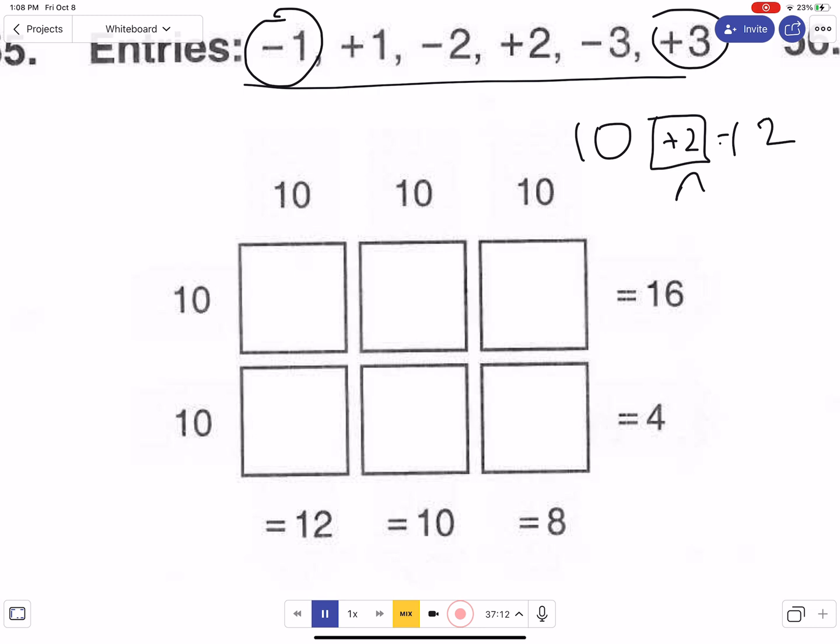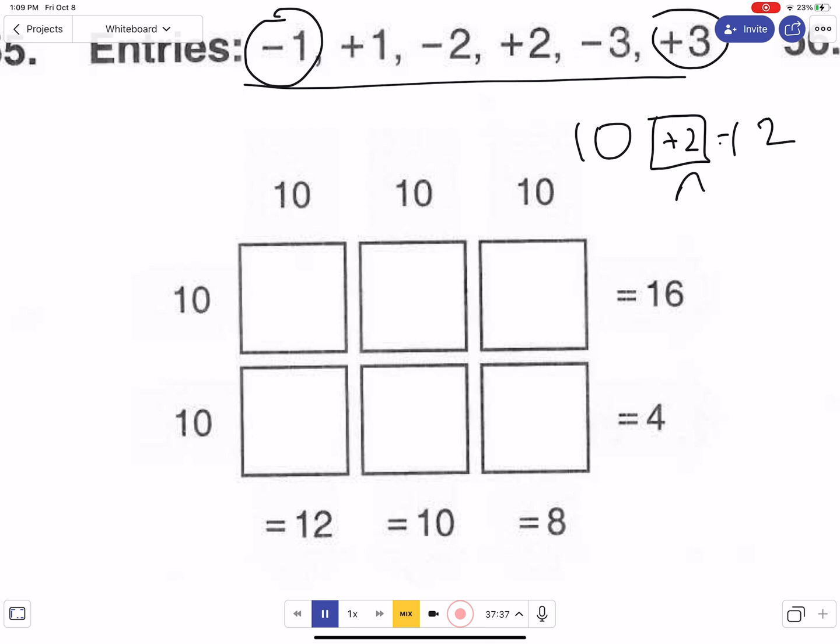So we don't really know where they're supposed to go yet, but let's see. If we put plus 3 here, that would be 13, right? And you'd need a minus 9. Now, do we have a minus 9 or 2 things that can break up into a minus 9?